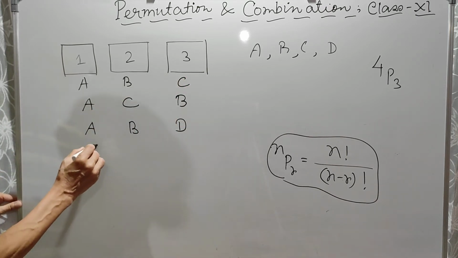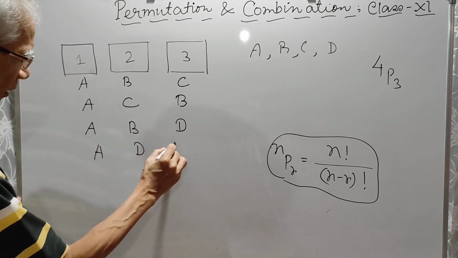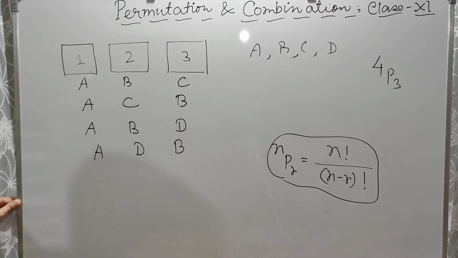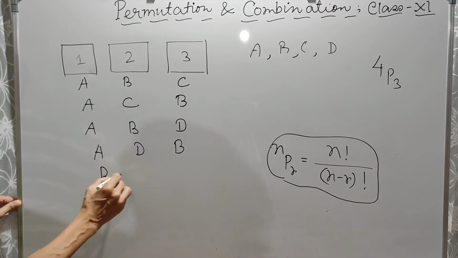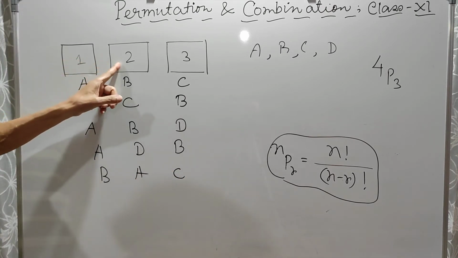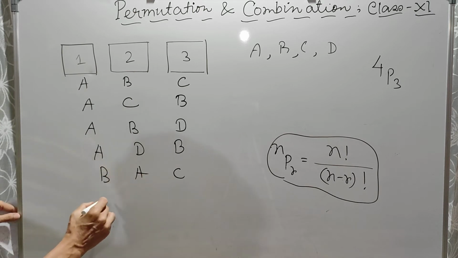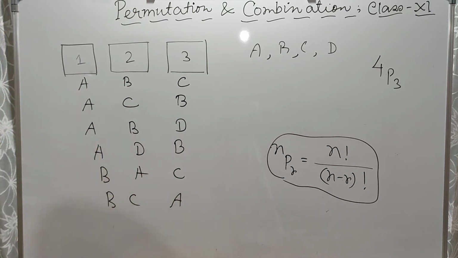All right. Then suppose A always sits here, then it will be A, D, B. Okay. Then suppose now B comes here, suppose B, A, C. B sits here, A sits here, C sits here. Then BCA. So this way you go on and try to find out.